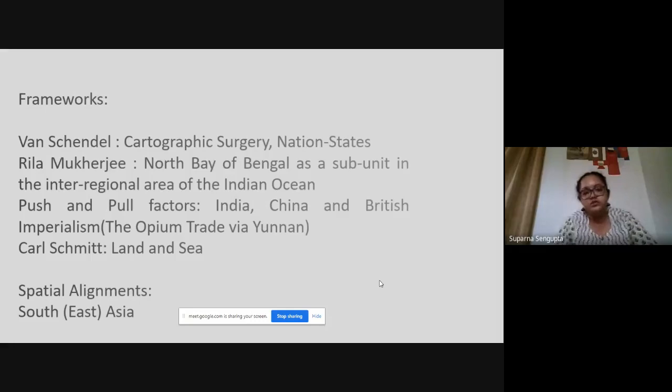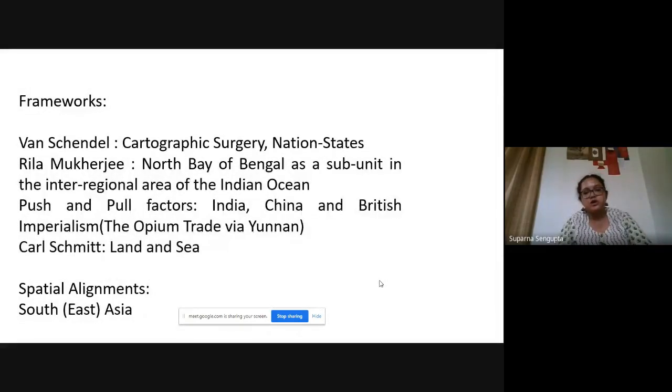Then I have looked into the subunit of North Bay of Bengal as introduced by Rila Mukherjee, where in the conclusion to her edited volume Pelagic Passageways, she argued that other than thinking of the Bay of Bengal only as a southeastern delta, we need to look into how India and China had actually been two separate variables which have exercised influence in this region of the Bay of Bengal.